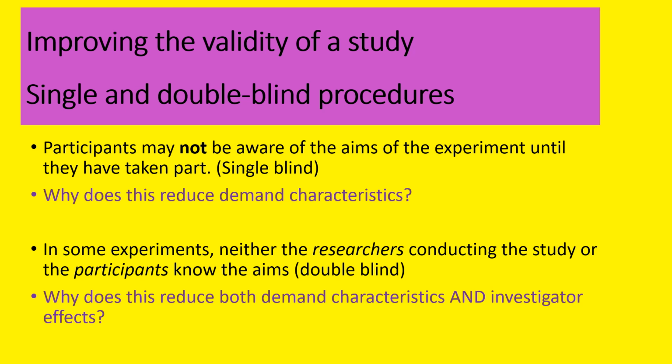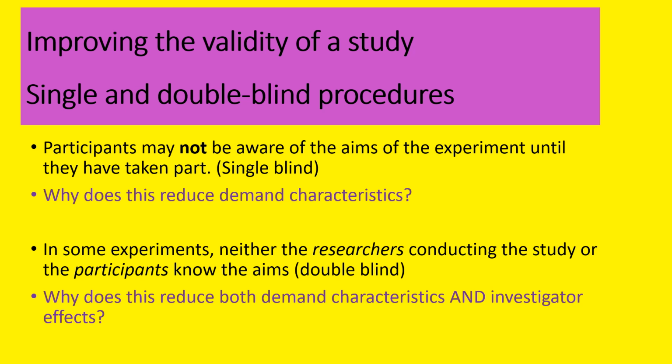Other ways of improving the validity are using double and single blind techniques or procedures. The single blind technique is where participants are not aware of the purposes or the aims of the experiment until afterwards. It's called single blind because the investigators know what's going on, but the participants don't.